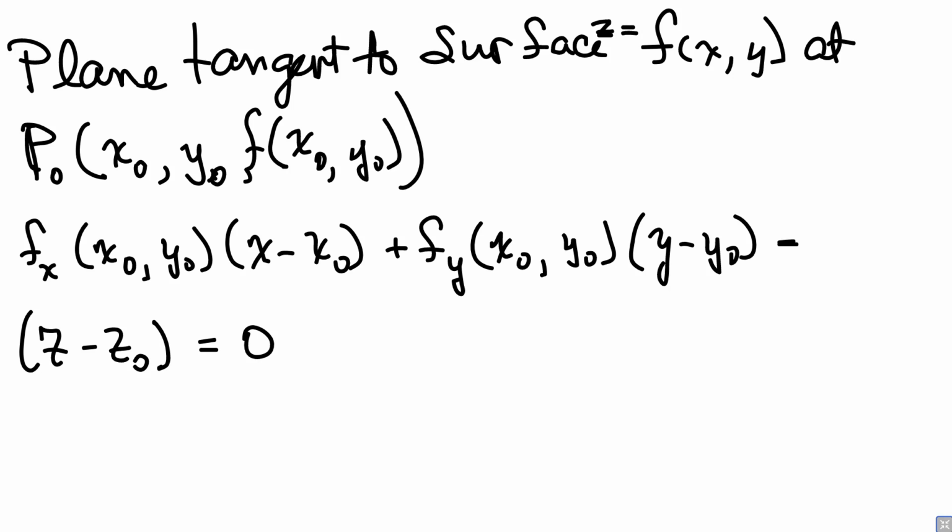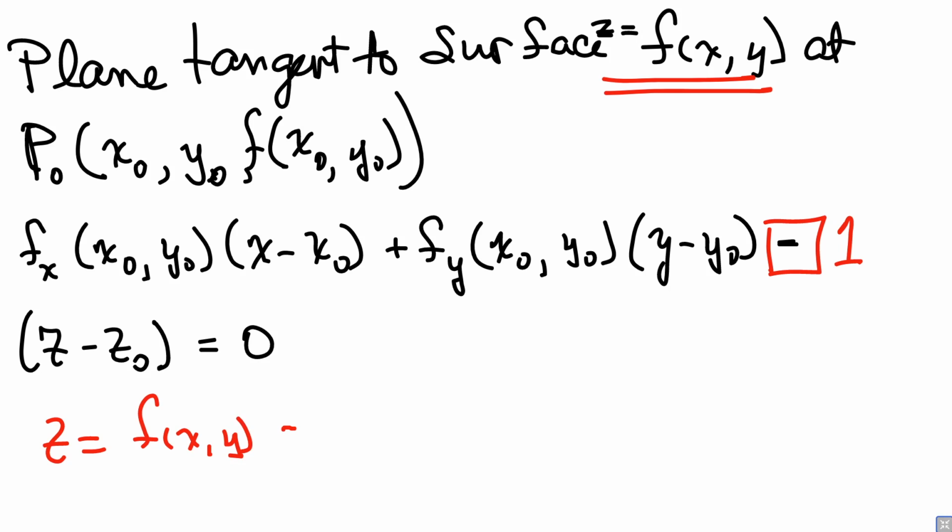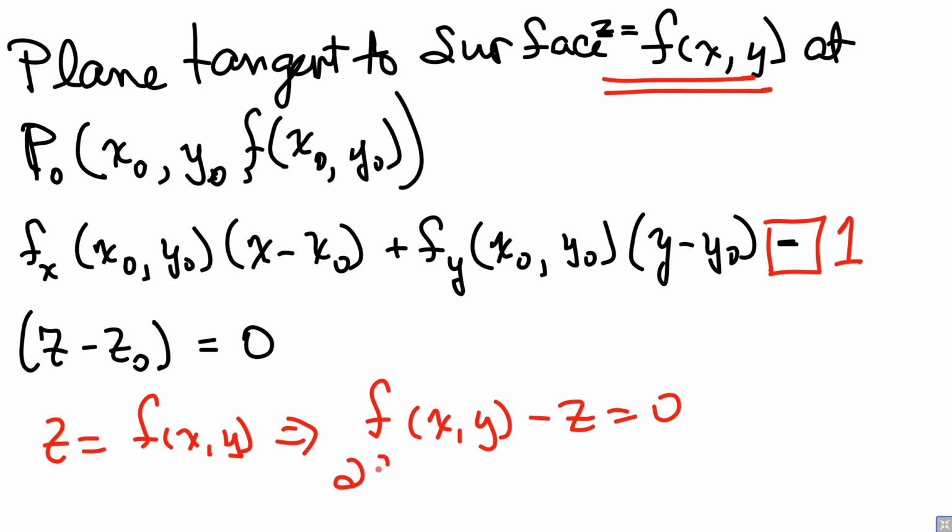Now, the reasoning behind why this is going to be a negative, basically -1 times this, is that if we rewrite the surface, which is z is equal to f of x, y, we can say that it's f of x, y minus z is equal to 0. If we take the partial of this with respect to z, we're going to end up with a value of -1.